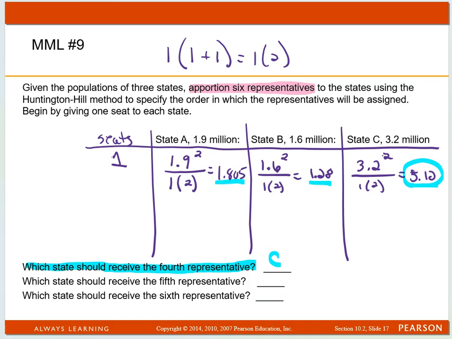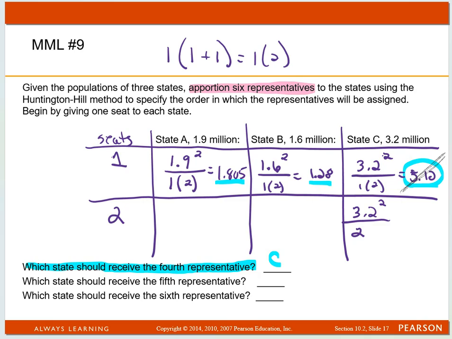But since I've used that number, I now need to calculate the 2nd Huntington Hill number. I can't use this number again. I've already used it to get another seat. So I'm now going to take 3.2 squared divided by the 2 seats they have times 2 plus 1 is 3.